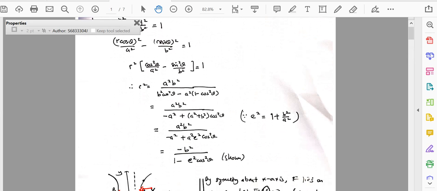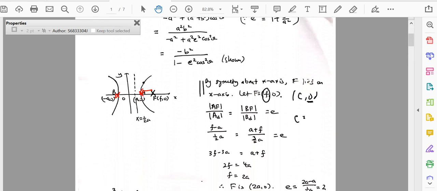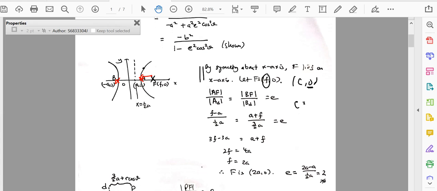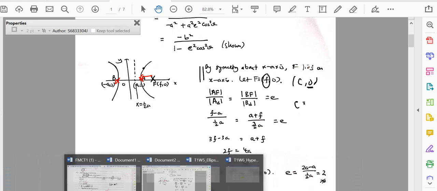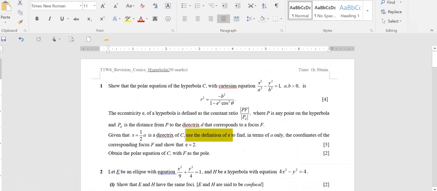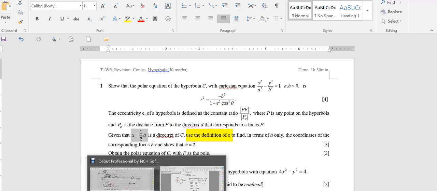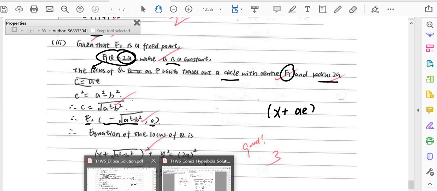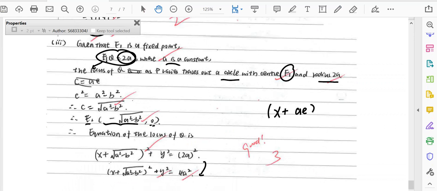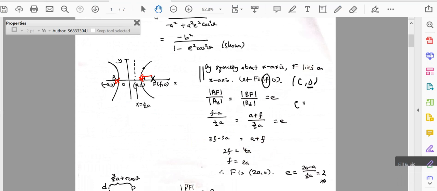In this case, I don't even assume the directrix. I think you were given the equation of the directrix, so I can use this. Actually, there's a way to prove it even without knowing that. So I'm able to make use of the distance from the directrix.